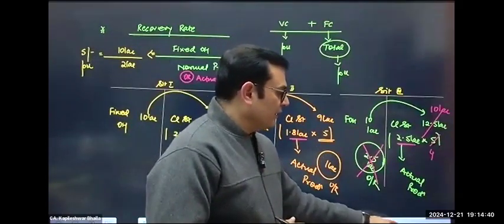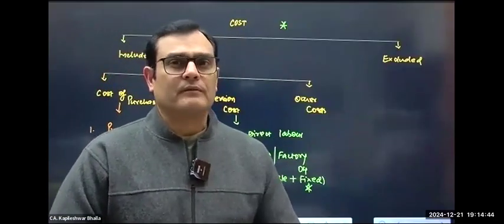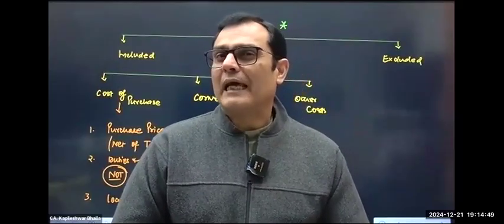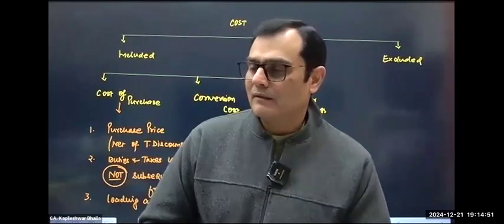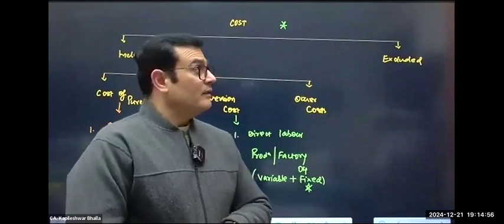I want to know something. Did you know these things earlier or not? Just a little curious to know this. Did you know why the recovery rate is based on actual or normal, whichever is greater? No, sir. Okay, great.